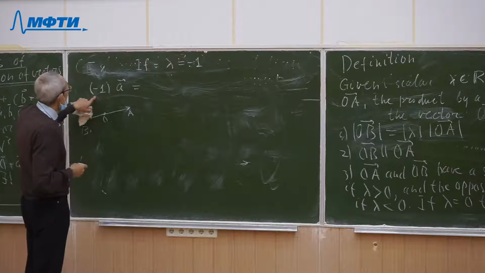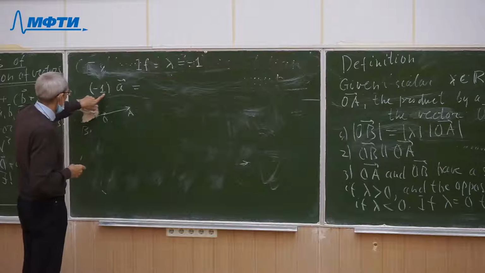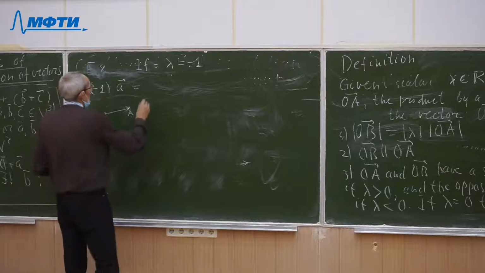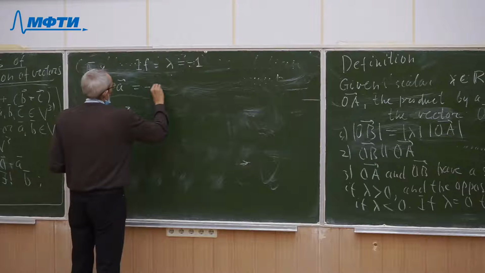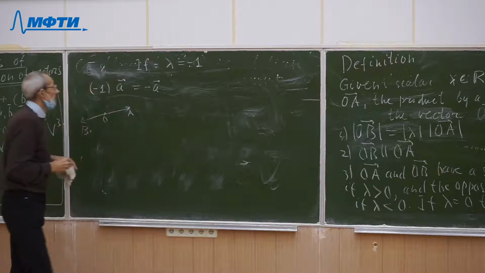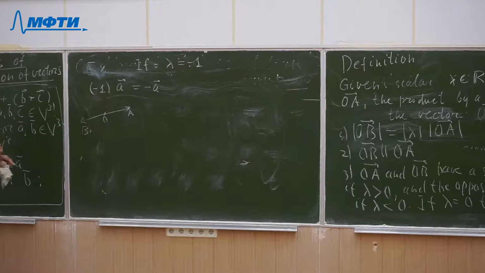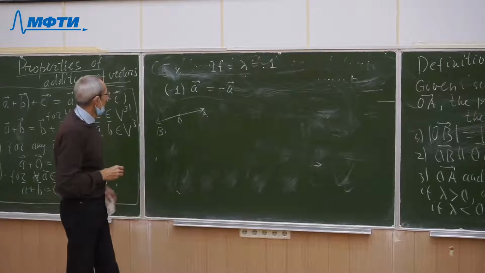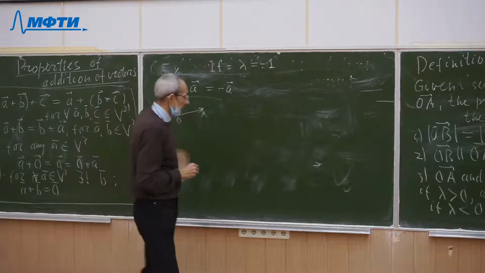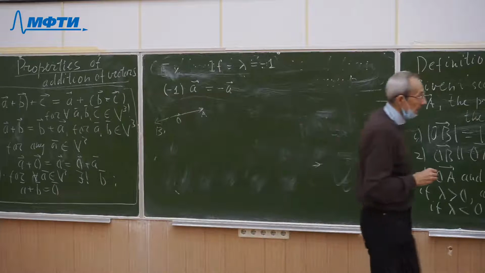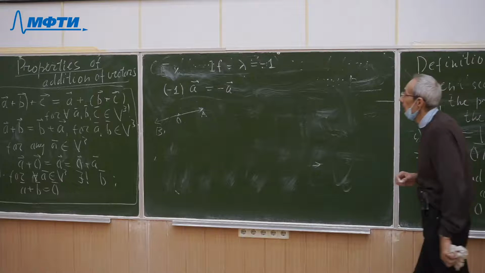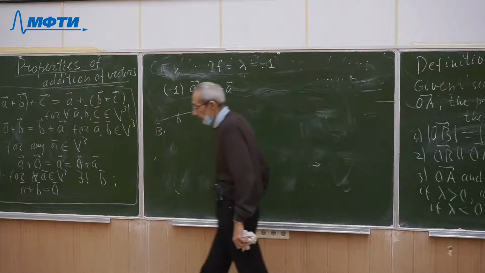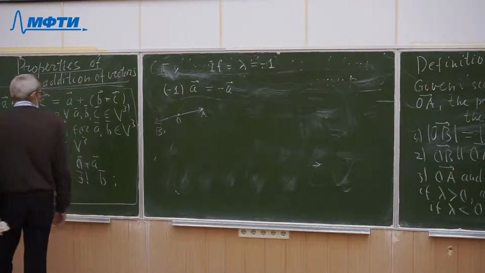If we multiply minus 1 by vector A, we obtain the opposite vector minus A. Minus 1 multiplied by vector A is equal to the opposite vector.